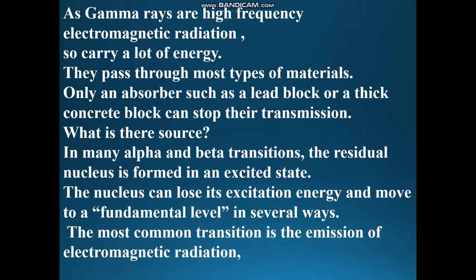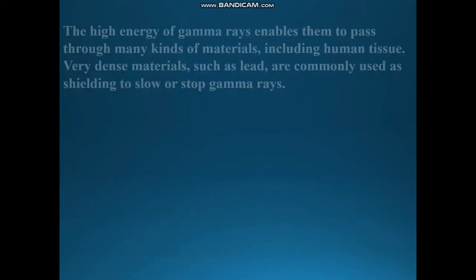The most common transition is the emission of electromagnetic radiation called gamma radiation. So that means gamma radiations are obtained when the nucleus is in the excited state. To release its energy, it emits gamma radiations. So remember, gamma radiations have nuclear origin and have a lot of energy.